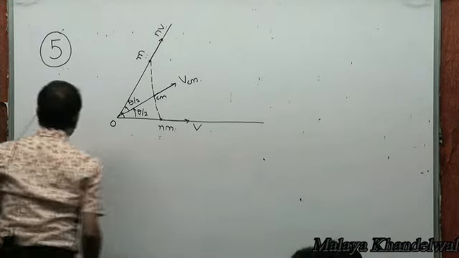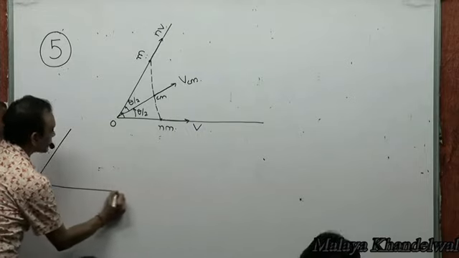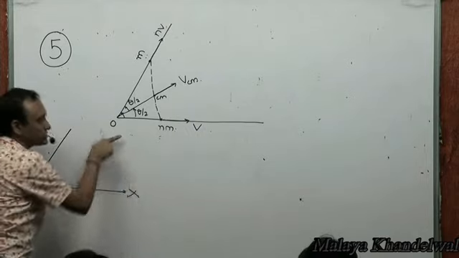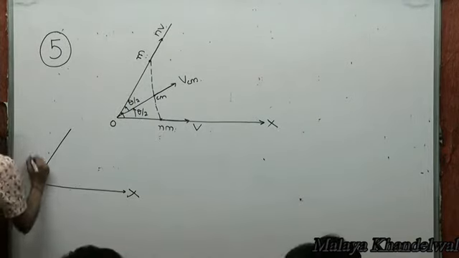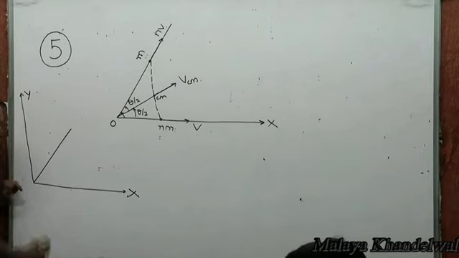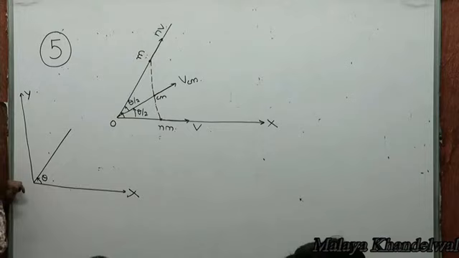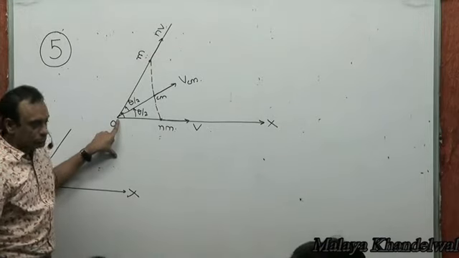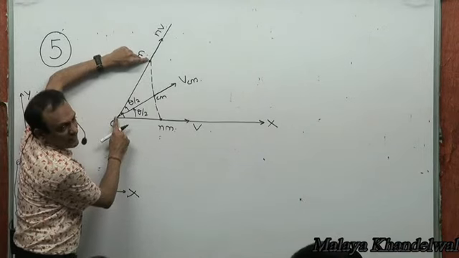Now what I do is, say this direction I choose as my x direction. This I select as my y direction. This angle is theta, right? Both particles start from the origin. In t seconds, this would have moved a distance nvt here.